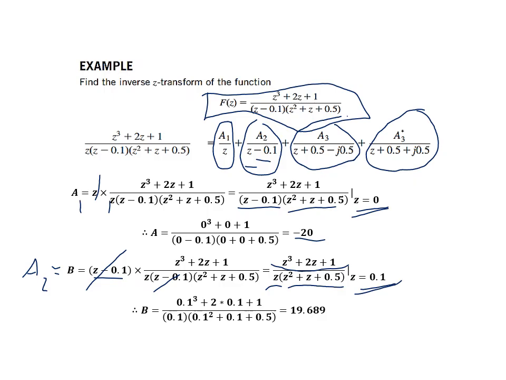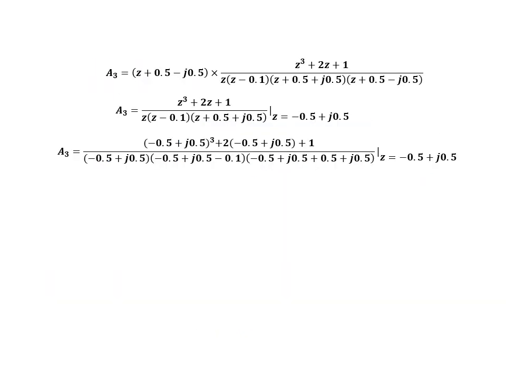Then we substitute z equals 0.1. We get 0.1 cubed plus 2 times 0.1 squared plus 1 divided by 0.1 times 0.1 squared plus 0.1 plus 0.5, which is equal to 19.689.